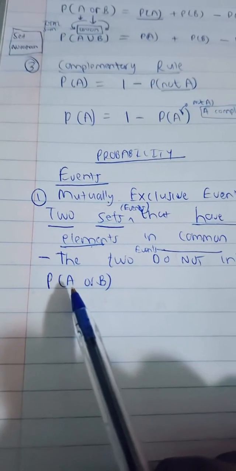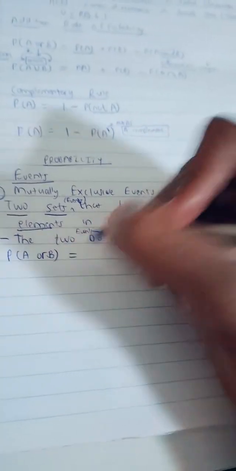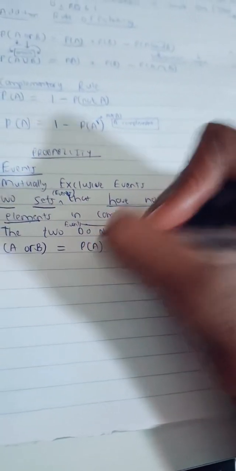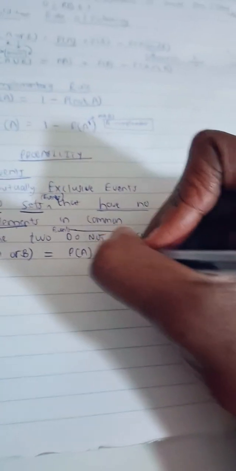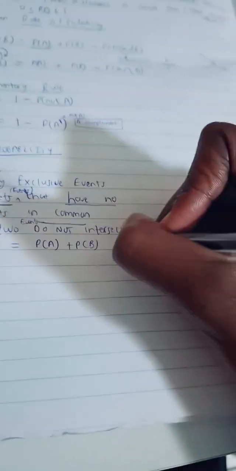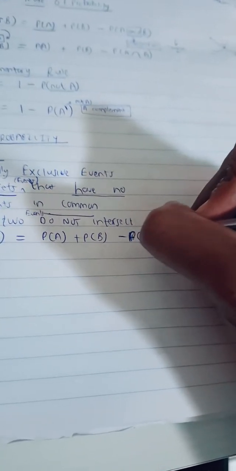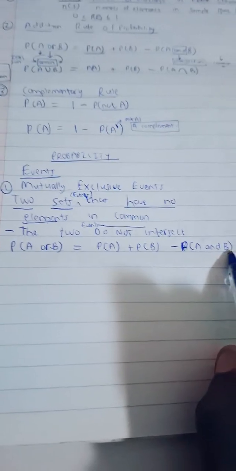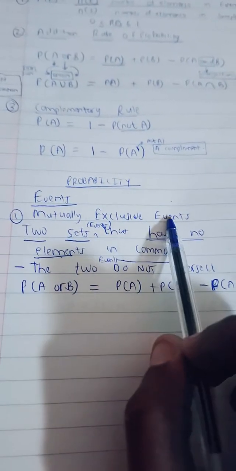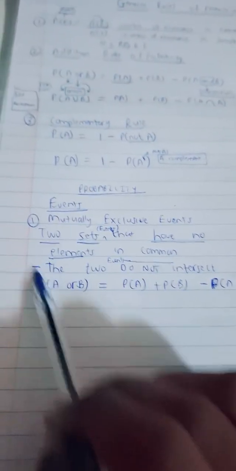First and foremost, the probability of A or B, let's just write down the addition rule: the probability of A or B is the probability of A plus the probability of B minus the probability of A and B. This is the addition rule. But if I apply this knowledge about mutually exclusive events to the addition rule, how does this impact my addition rule? So let's check this out.